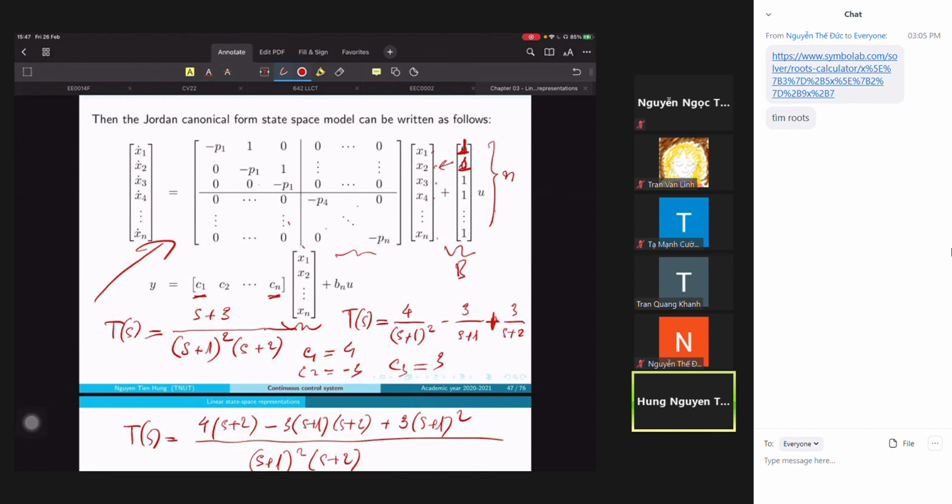So this is 4s plus 8, 3s square, minus 4s minus 6 plus.